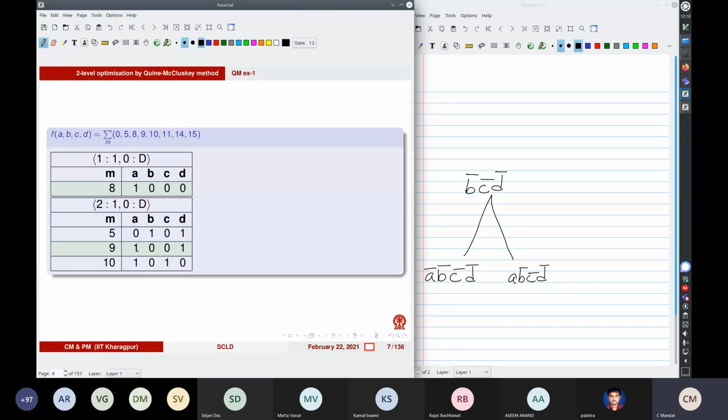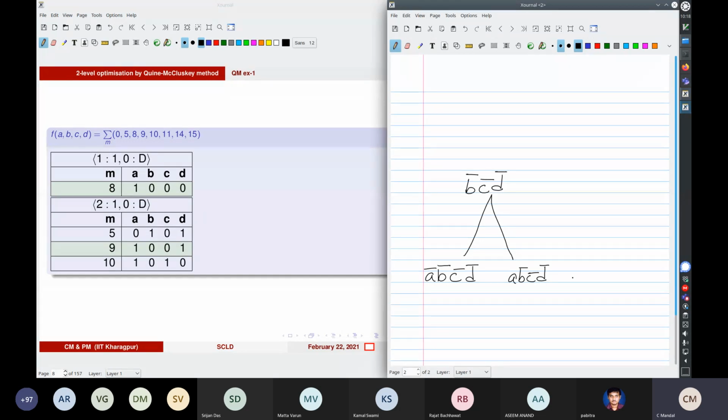So this one is A, B bar, C bar, D. Let us write A, B bar, C bar, D. And if you combine them, what cube will you get? A, B bar, C bar.